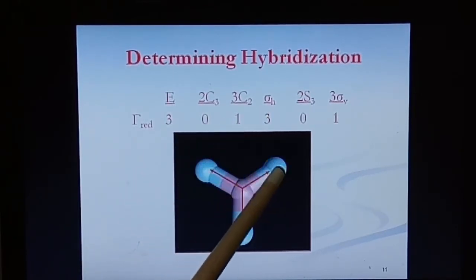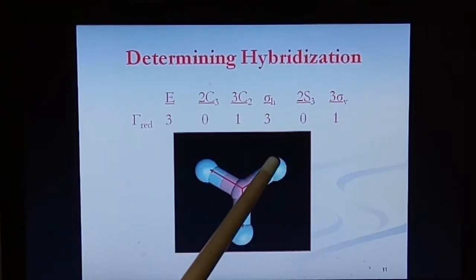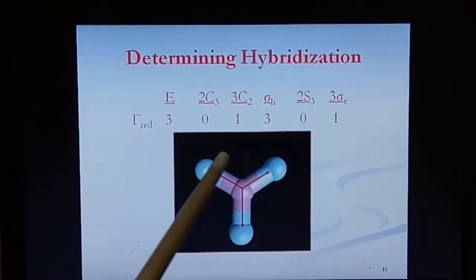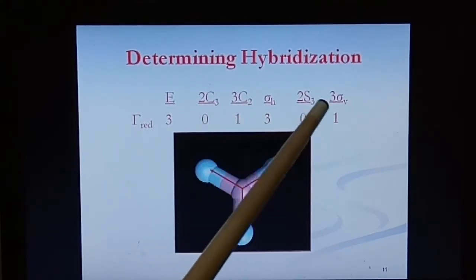C3 operation: all the 3 sigma bonds will move, so there will be 0. C2 operation: if we rotate about one sigma bond, that bond will be at the same place and 2 bonds will be moved, so it will be 1.